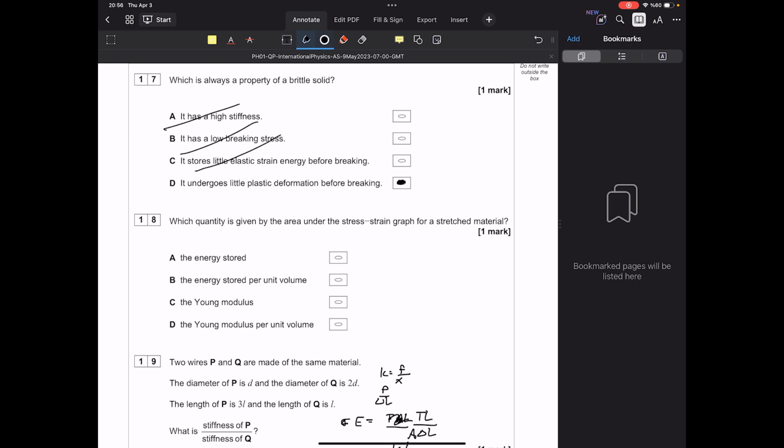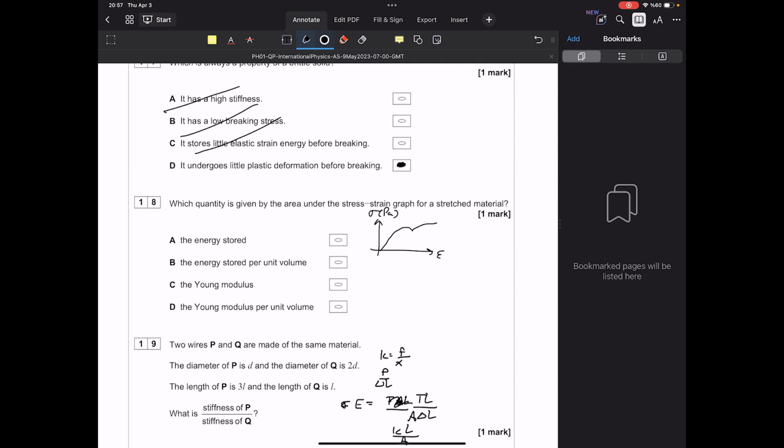However, we also have stress strain graphs. So the stress strain graphs will be like this, and to find what the area under this means, you can look at the units. So this has units pascal, this is dimensionless. So if you multiply pascals by dimensionless, the area has units pascals.